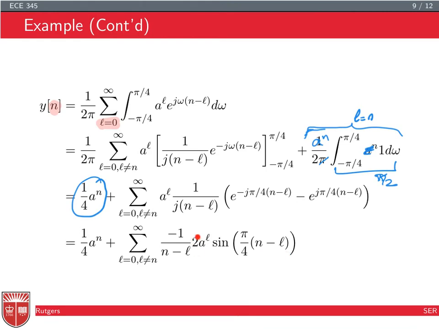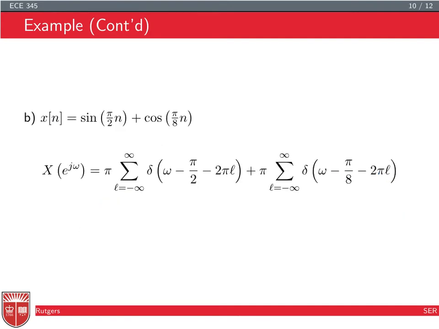This is how you got the 2 here, and the j cancels here. Again, let me write it down if I'm going too fast: 2j sine of π/4 (n-L). So this gives you the output of a low-pass filter to an exponential signal.